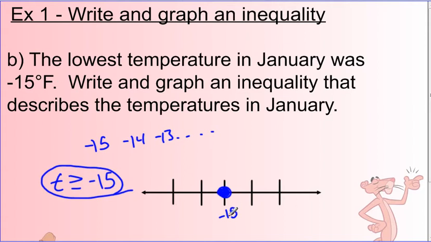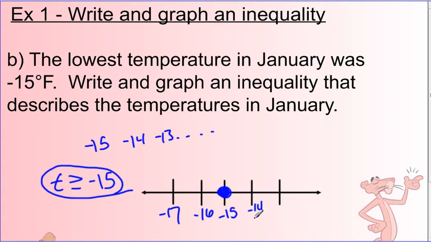So this is negative 15. What's bigger than negative 15? If you're thinking negative 16, you're wrong. If you remember, when we're talking about negatives, the more negative a number is, the smaller it is. So negative 16 has more negatives than that, so it's actually smaller. And negative 17 is even smaller.